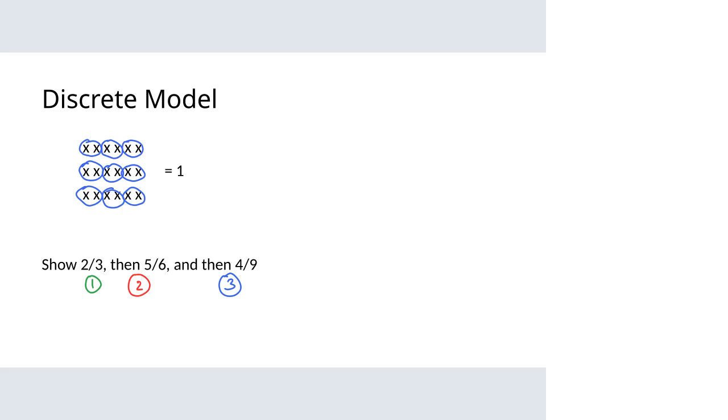So each one of those little groups is 1/9. Now, if I want to identify 4/9, I need to find any 4 of those and circle them. And so that would be 4/9. Again, these 2 are going to be our primary types of problems. This will not be a focus for us, but I wanted you to at least see that it can be done.